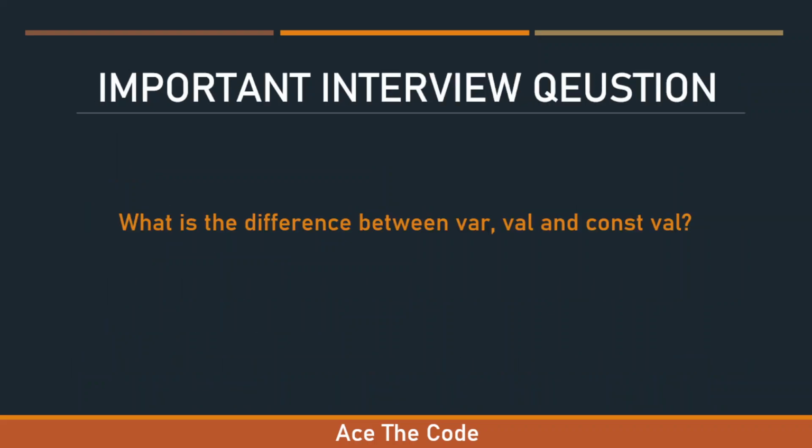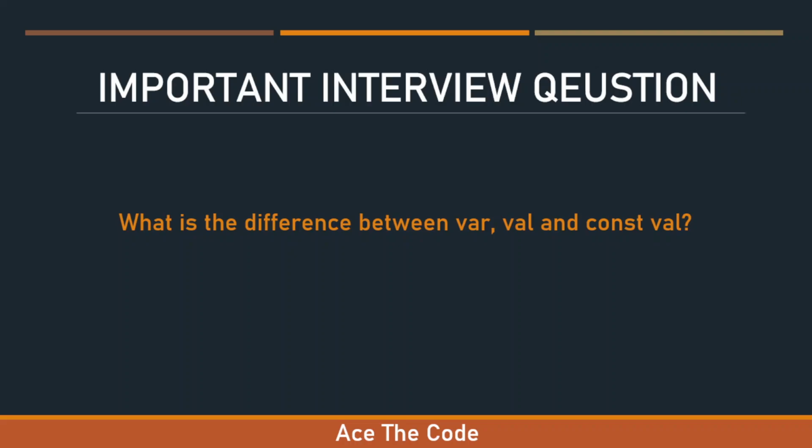In the interview, there is very frequently asked question, especially if you are being interviewed for entry level interview for Android developer role or any other role where Kotlin is being used. The question is very important and very simple. What is the difference between var, val and const val? So to answer this question, the proper way to answer this question is var is mutable type of declaration.